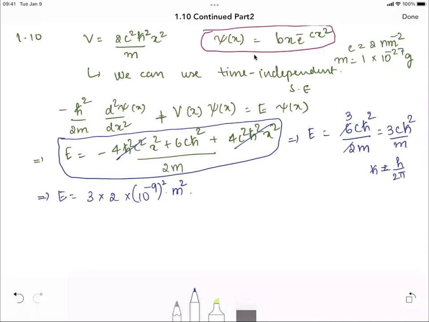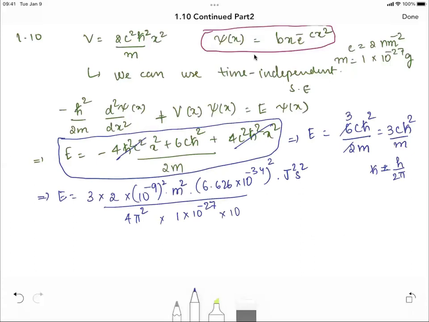So when we have h bar squared, we're going to have 6.626 times 10 to the negative 34 squared divided by 2 pi squared, which is nothing but 4 pi squared. And the units here are joule squared second squared. And in the denominator, we have the mass, which is 10 to the negative 27 gram, or I can multiply it with 10 to the negative 3 and call it kilogram.